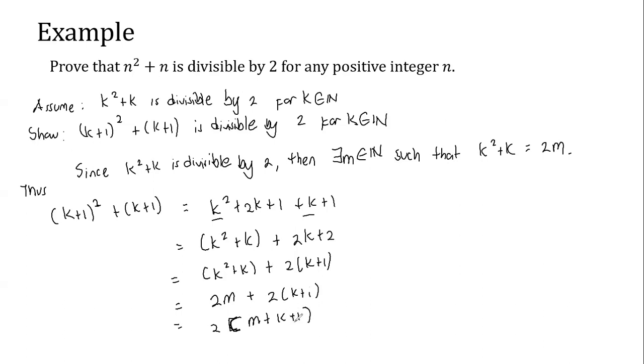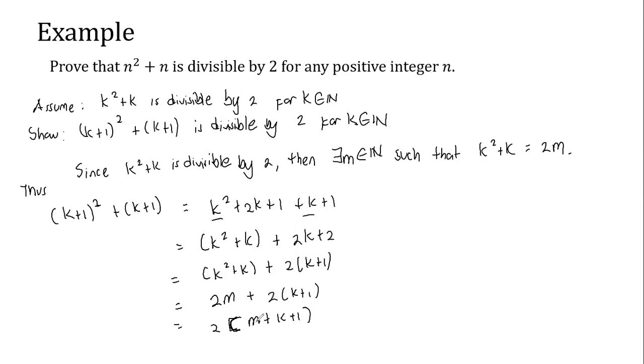And as you can see, m plus k plus 1 multiplied by 2, that shows na yung lumabas sa k plus 1 quantity squared plus k plus 1 is an even number. Because yung representation natin ng even number is 2 multiplied by any natural number or any integers. Okay?